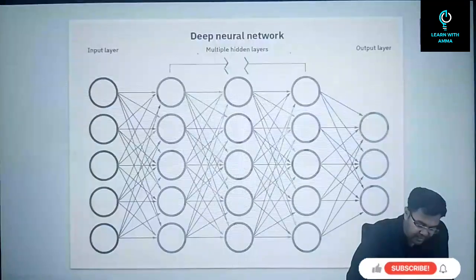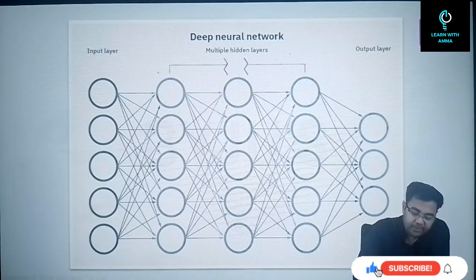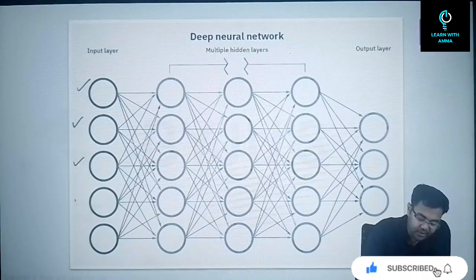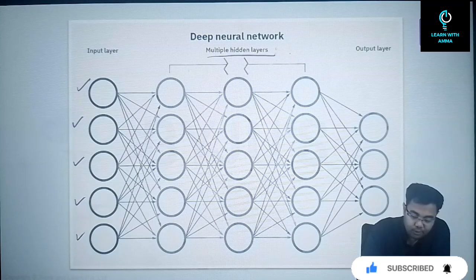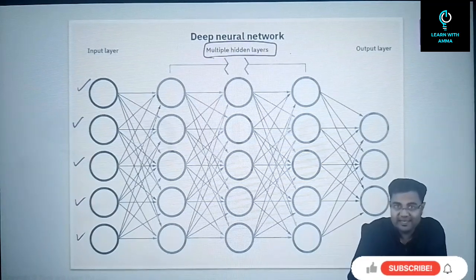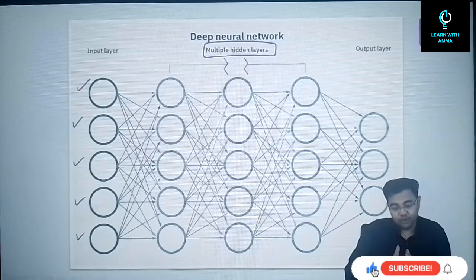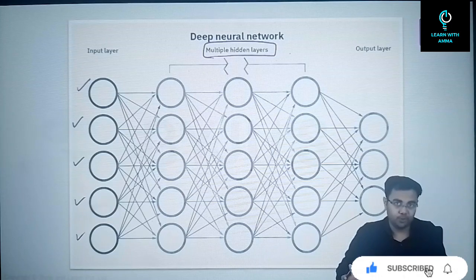So for example, if you look at this particular picture, what happens in a neural network is that there will be different kinds of inputs that will be given, correct? And all these inputs will go through multiple hidden layers that are present. Now here we have depicted only 3 layers, but this can be a huge number of layers that can be present between the input and the output.